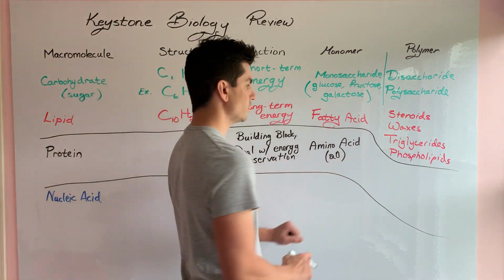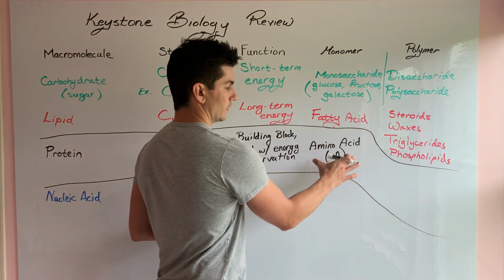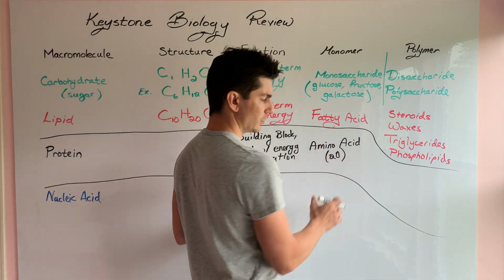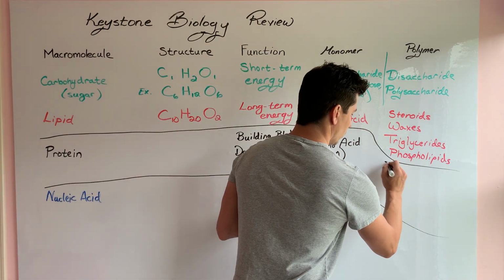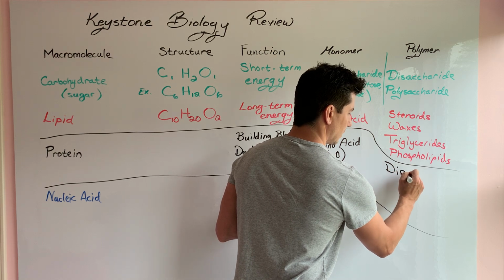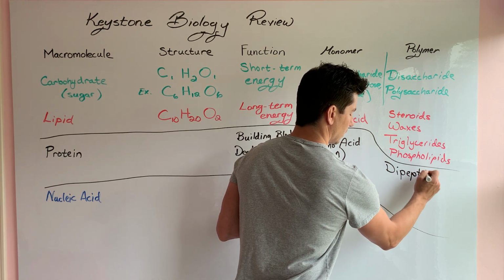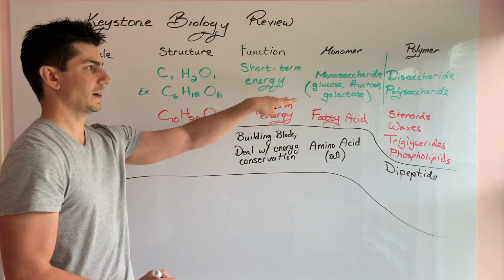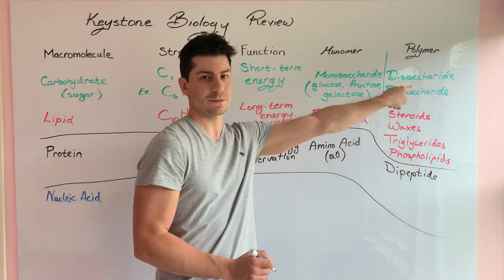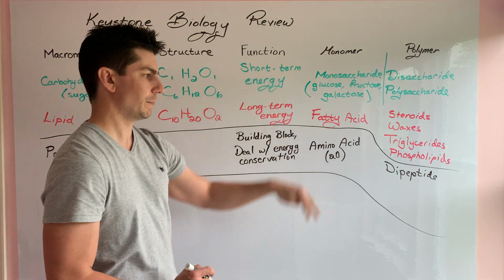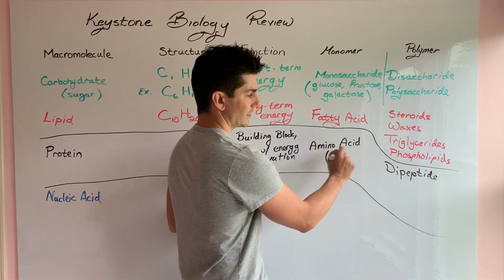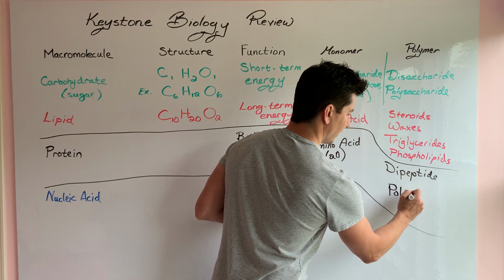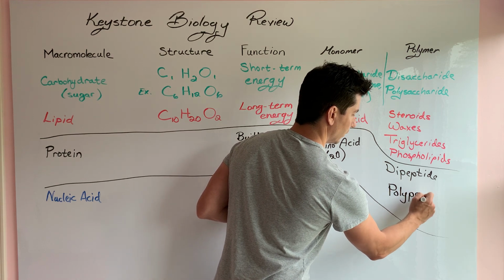But we have two different polymers for our amino acids or our proteins. So when we put two amino acids together, we get a polymer called a dipeptide. So it's almost the same thing that happened with our polymers for carbohydrates. We put two monosaccharides together, we get a disaccharide. More than that, we get a poly. Put two amino acids together, we get a dipeptide. Put more than two amino acids together, and we get a polypeptide.